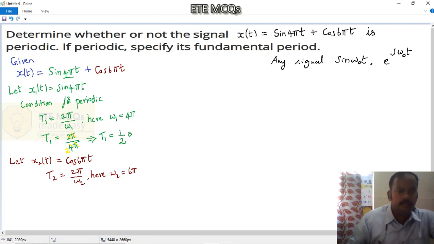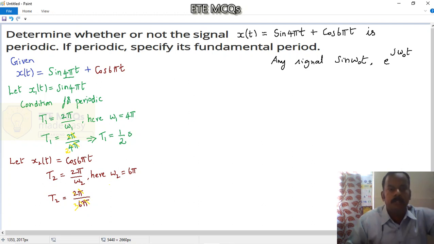So kindly substitute it. You will get T2 is equal to 2 pi divided by 6 pi. Again this pi and this pi get cancelled out. 2 and 6 upon cancellation you have 3. So T2 is equal to 1 by 3 seconds.